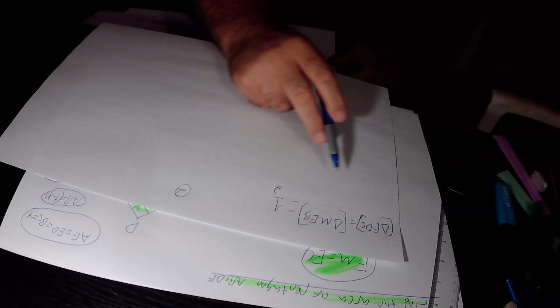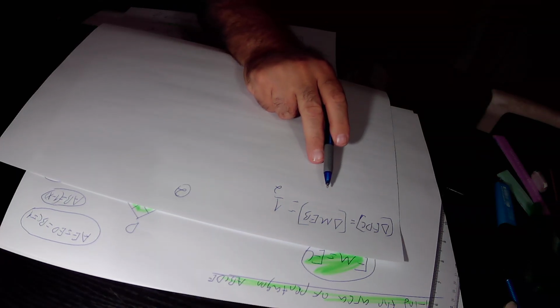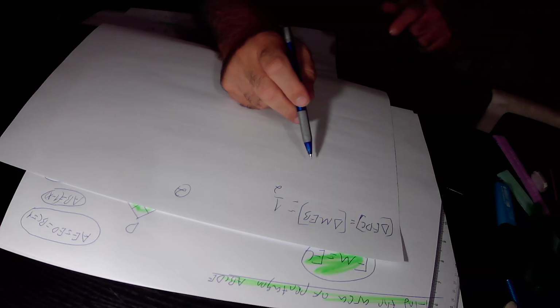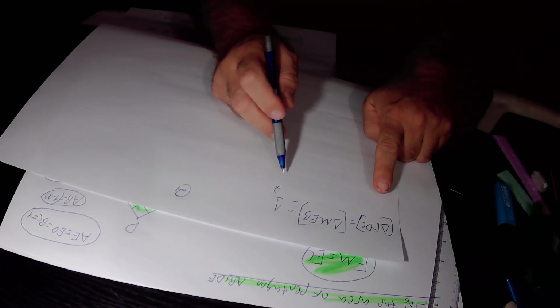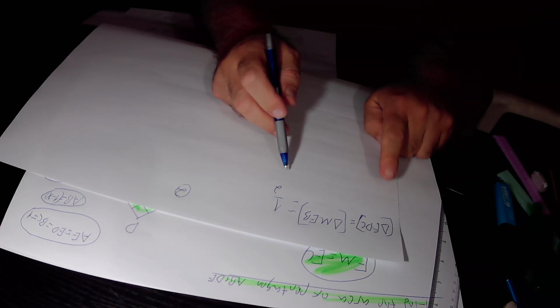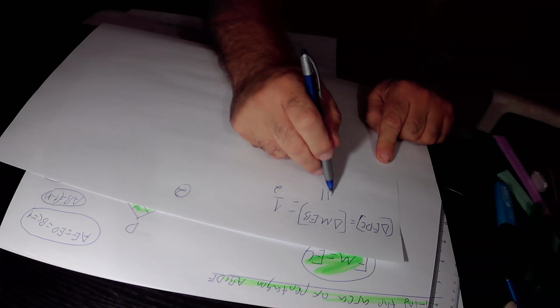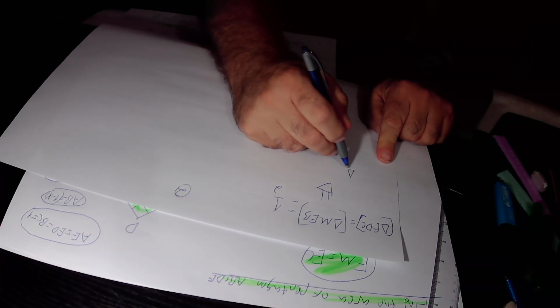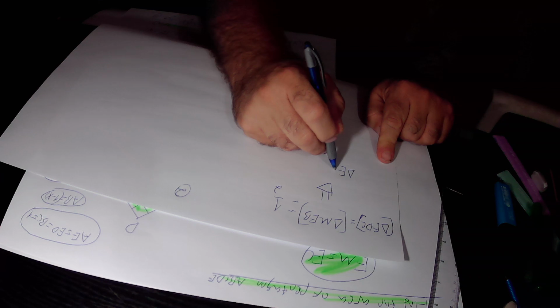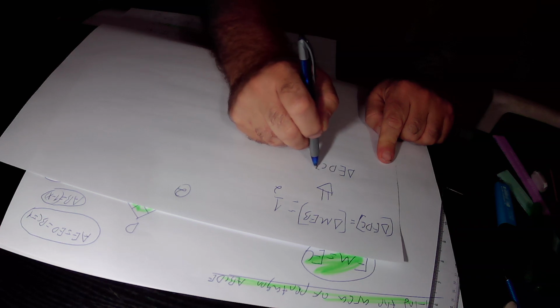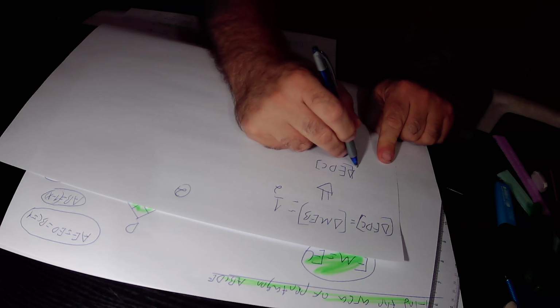And from this equation we will derive that the area of triangle EDC is also equal to 1/2 square inch in its size.